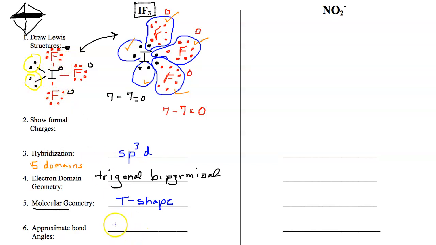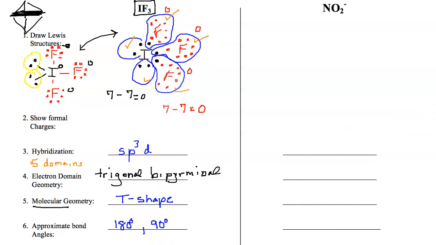So really there's two answers here. There's 180 degrees, between the fluorine and the other fluorine on one side. And then, of course, there's going to be 90 degrees between the fluorine and fluorine on the other side. And so you really needed two answers there to answer that correctly.